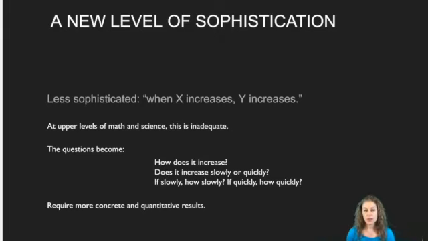So I'm going to ask you to be much more specific and talk about what type of direct relationship. How does X increase when Y increases? Is it doing that quickly, or is it doing it slowly? How slowly? How quickly?